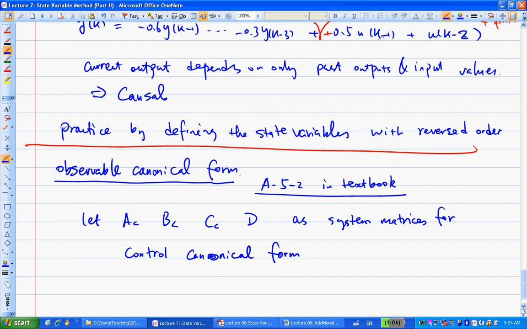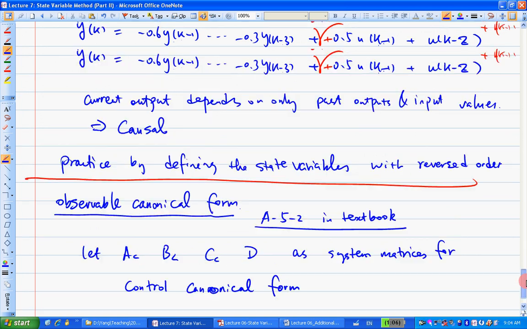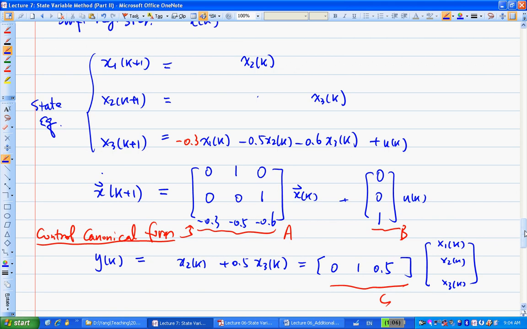I'll use subscript C to represent the control canonical form, so just like this matrix set here: this is AC, this is BC, this is CC.